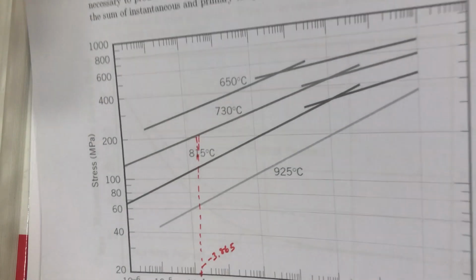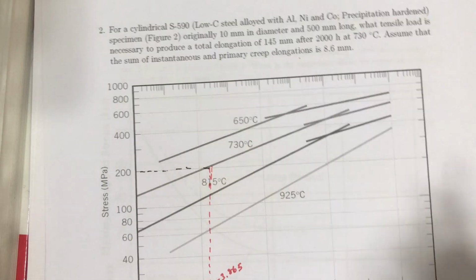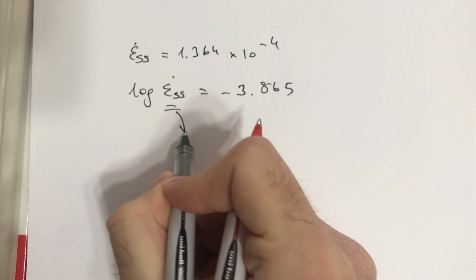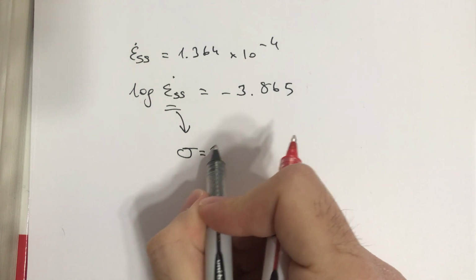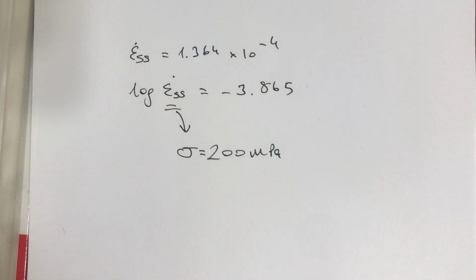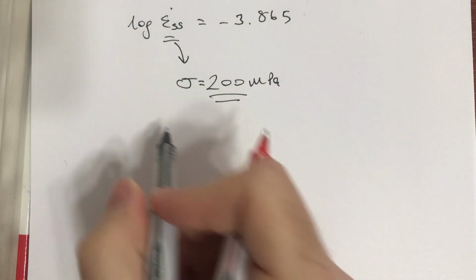I measured it before. This turns out to be around 200 megapascals. So at this steady state creep rate, the stress on the material is going to be 200 megapascals, but the load is asked.